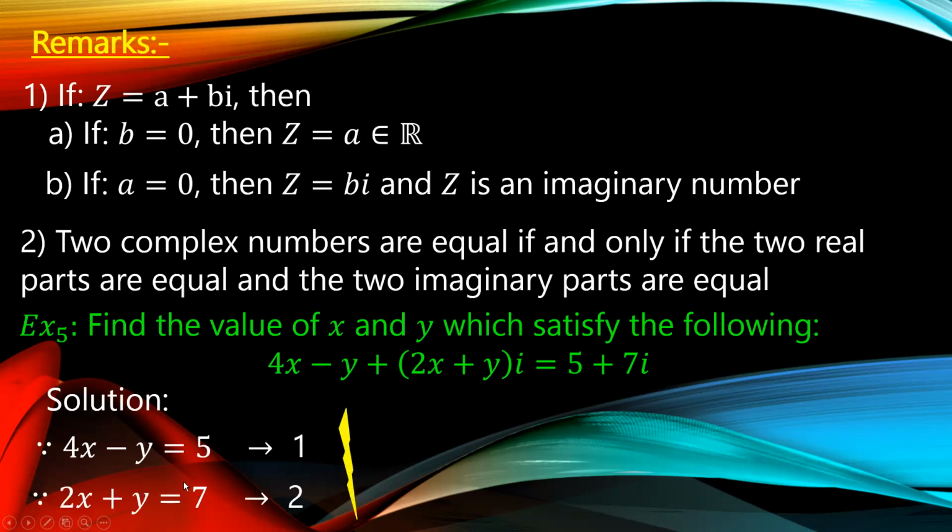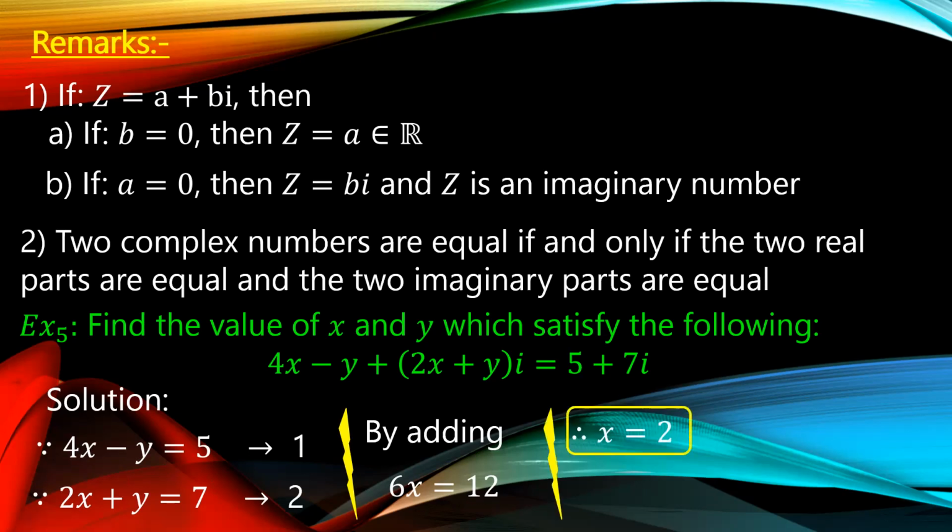I will solve the two equations by eliminating y, adding the two equations. 4x plus 2x equals 6x. Negative y plus y is 0. 5 plus 7 equals 12. Then 6x equals 12, then x equals 2.